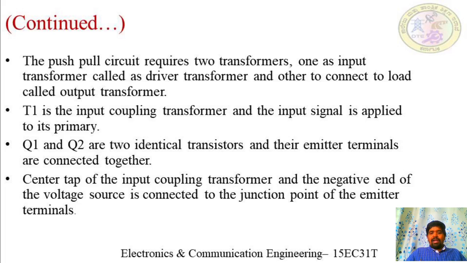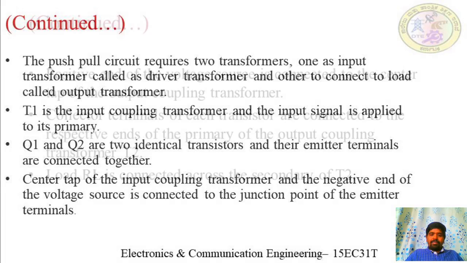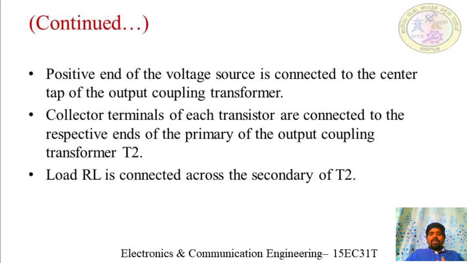Q1 and Q2 are identical transistors, and their emitters are connected. I already mentioned the center tap of the input coupling transformer, and the negative end of the voltage source is connected to the junction point of the emitter terminals. The positive end of the voltage source is connected to the center tap of the input coupling transformer and the output coupling transformer.